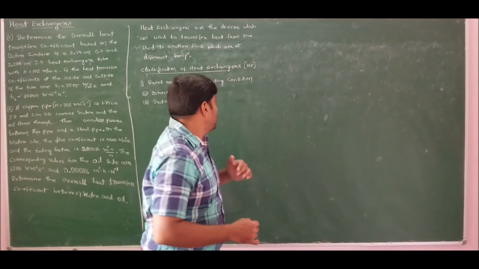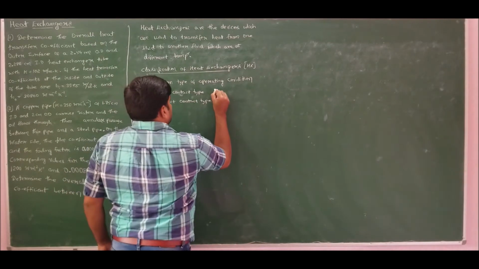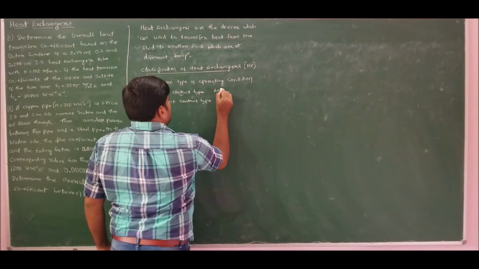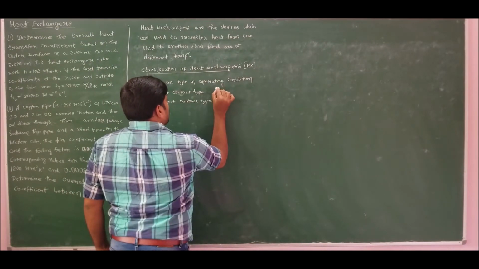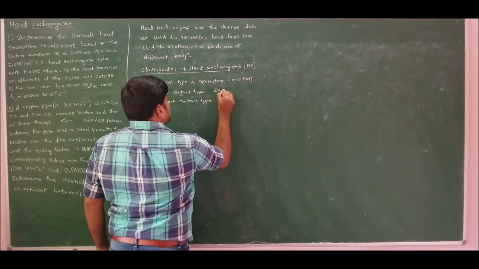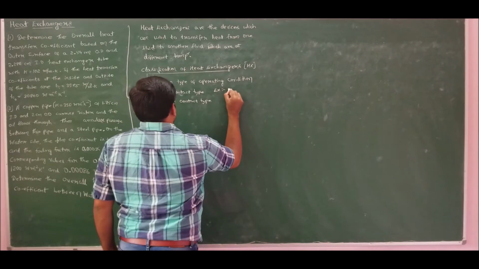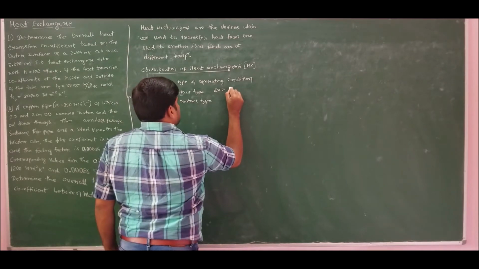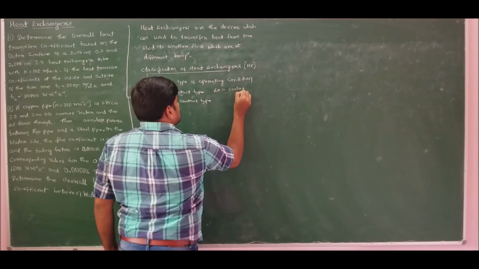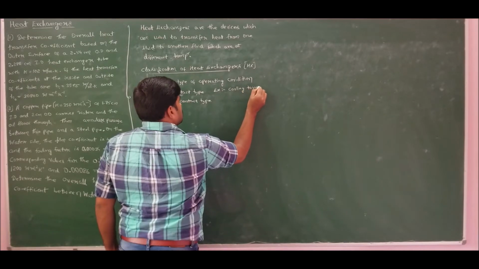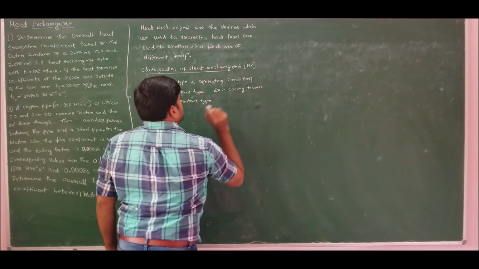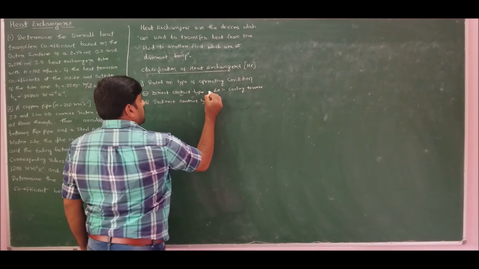A very good example for direct contact type heat exchanger is cooling towers, in which both hot fluid and cold fluid mix with one another and heat transfer takes place between the hot fluid and cold fluid. So cooling towers are the best example for direct contact type.